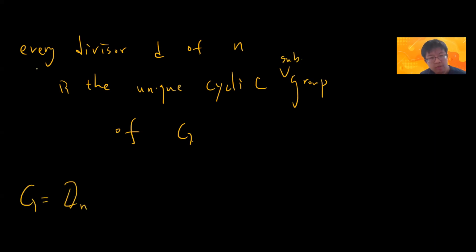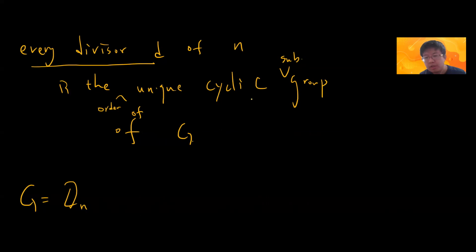So every divisor d of n is the order of a unique cyclic subgroup of G. Yeah, so this makes sense.